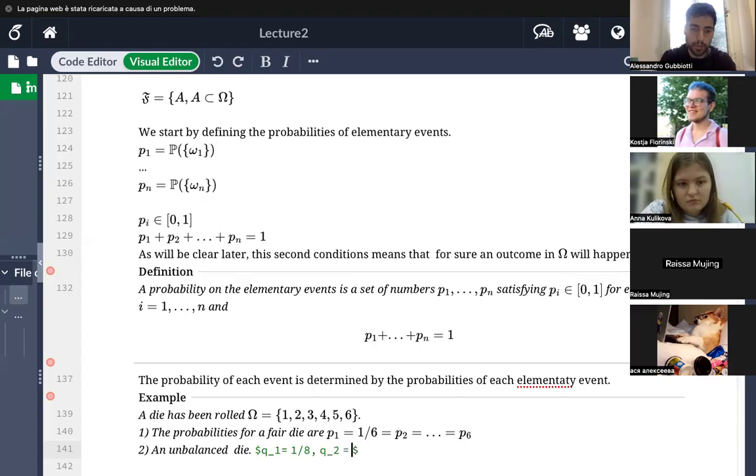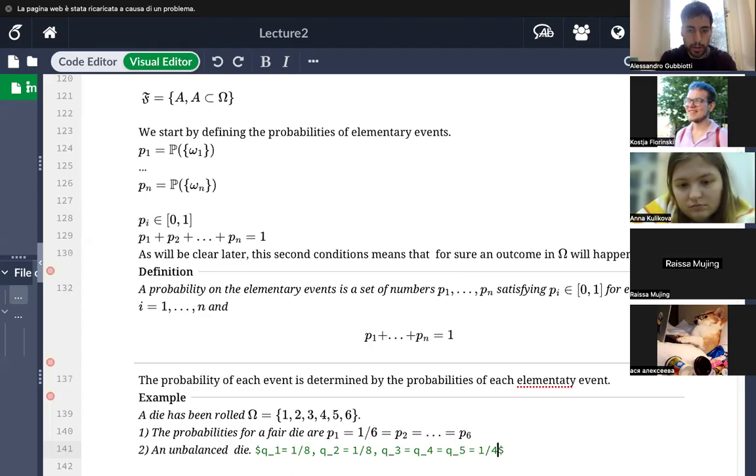Q2 is equal to 1 over 8. Then Q3 is equal to Q4, is equal to Q5, is equal to, let's say, 1 over 4.